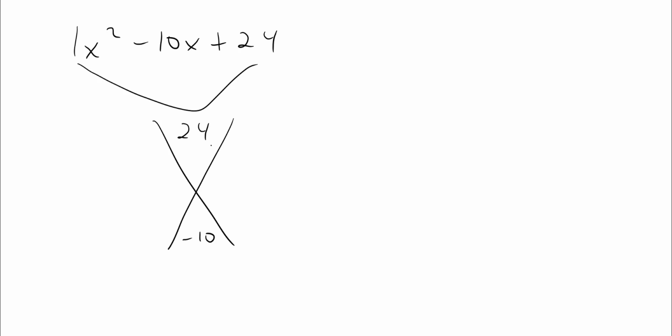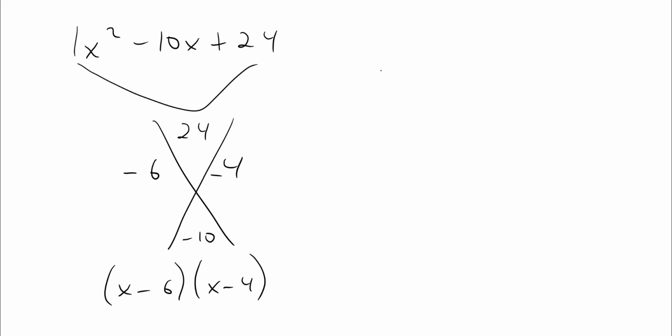Well, again, they both have to be positive or both negative. In this case, they're both negative because this is negative 10. So think of numbers that add to give you 10, and then we'll throw the negatives in at the end. Well, 8 and 3, yeah, that's not good. 8 plus 3 is 11. What else? Oh, 6 and 4. Yeah, 6 plus 4 is 10, but they're both negative. So it's x minus 6, x minus 4, and you're done. Okay?